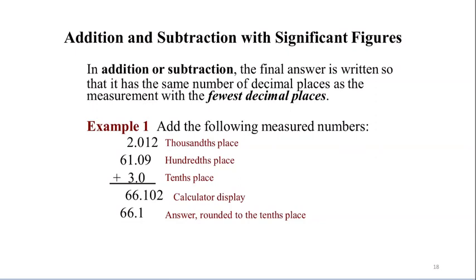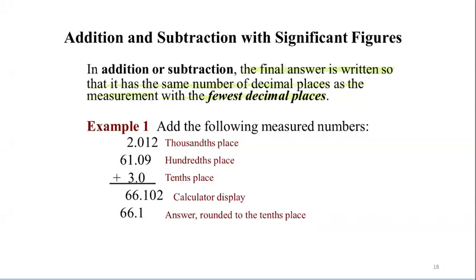As you can see illustrated on the slide, when we are doing addition or subtraction, let me highlight it for you. The final answer is written so it has the same number of decimal places as the measurement with the fewest decimal places.